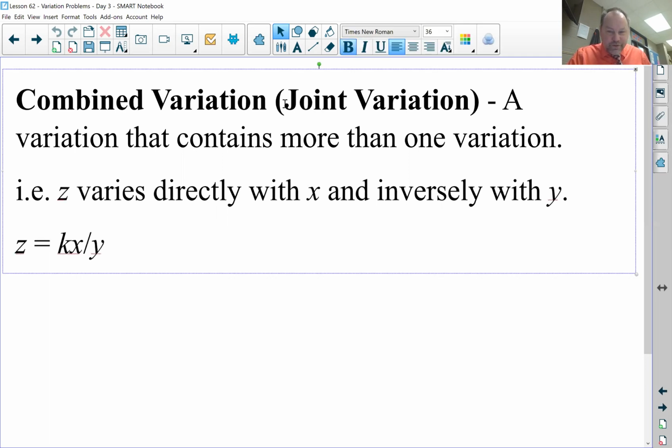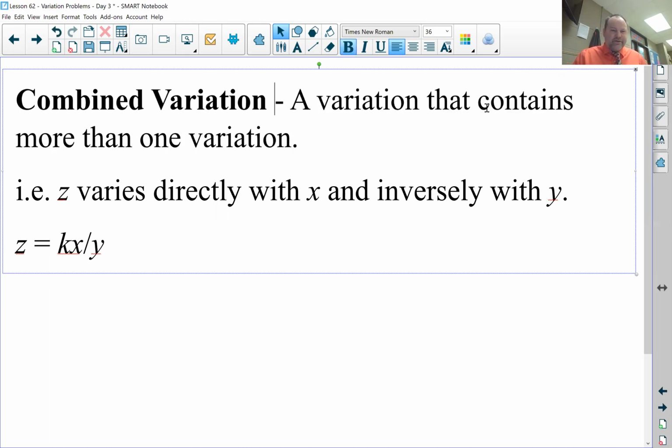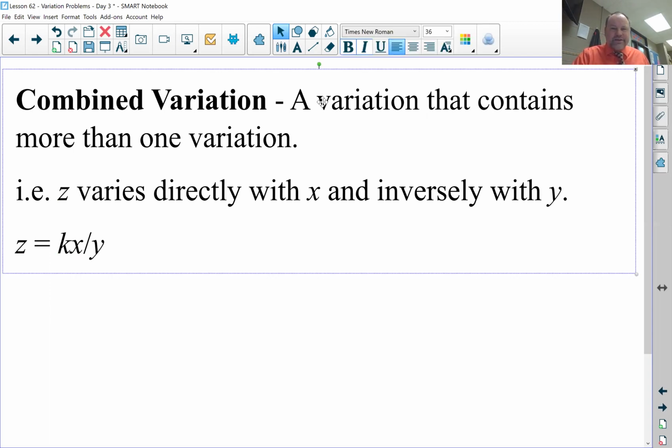I'm going to remove this because joint variation is a specific combined variation. So a combined variation is simply an equation that contains more than one variation.